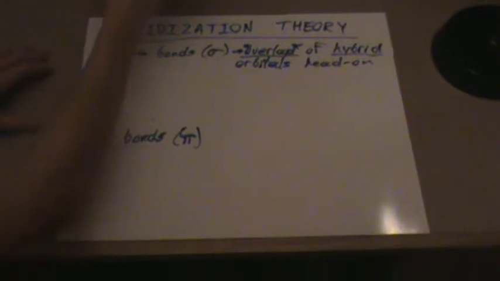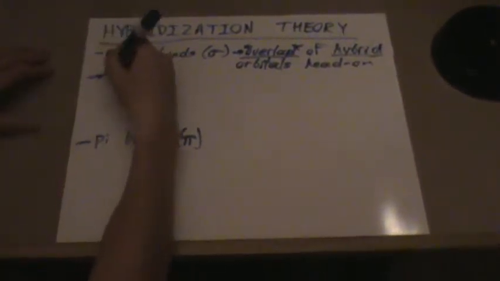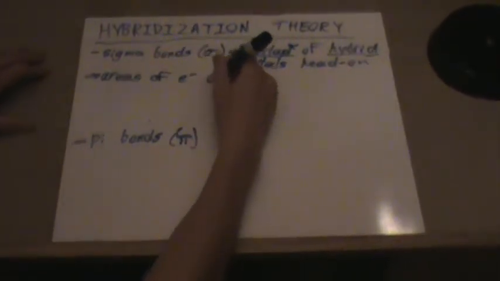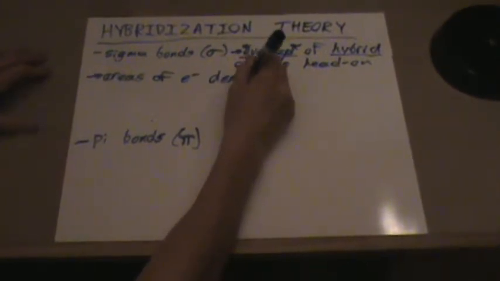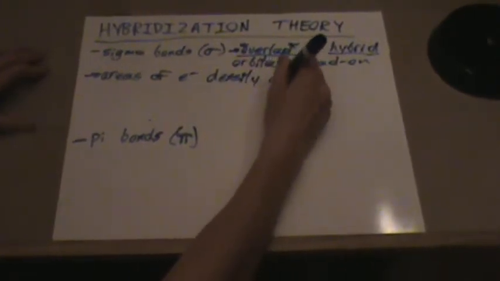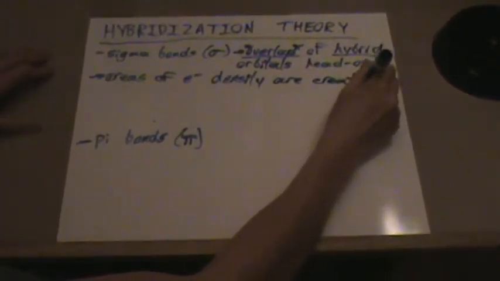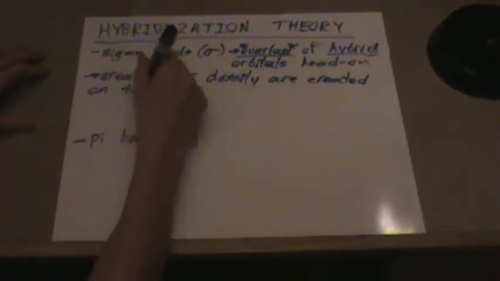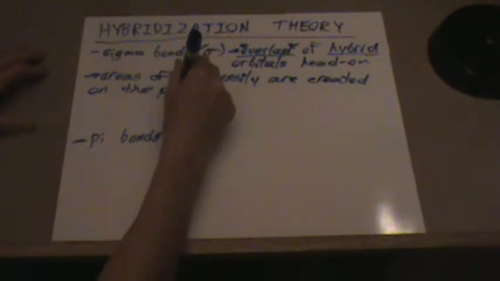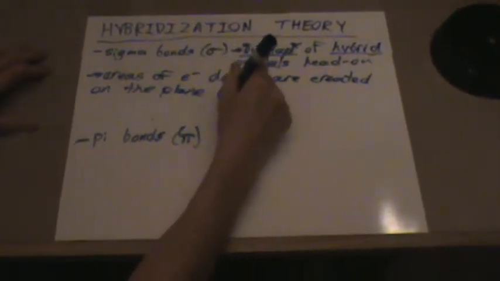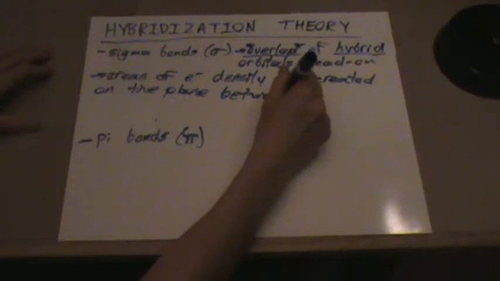Areas of electron density are created on the plane between the two nuclei.